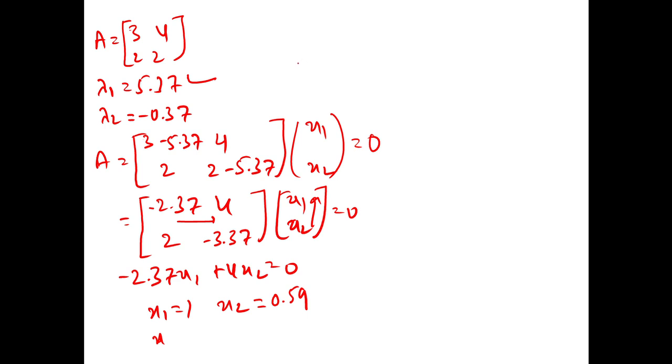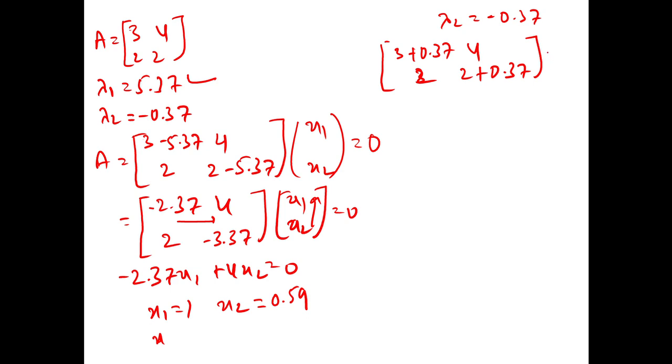Again, if you consider the lambda 2 value, that is minus 0.37: 3 minus 0.37, 4, sorry, 2 plus 0.37, times x1 and x2, equal to 0.